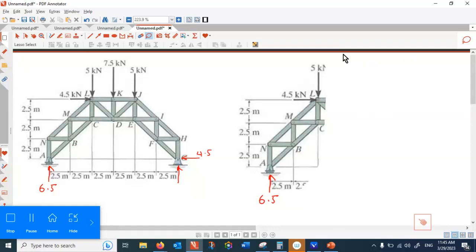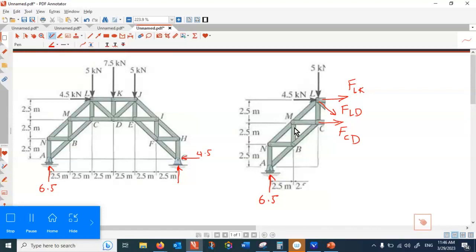One force here, I call that FLK. One force here, calling that FLD. And one force here, labeled as FCD. So all these forces, we assume they are in tension. The members are tensile members.